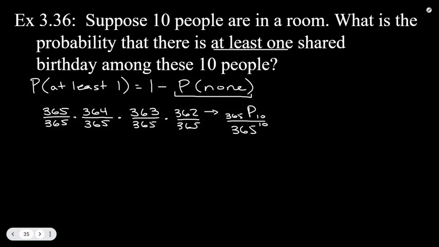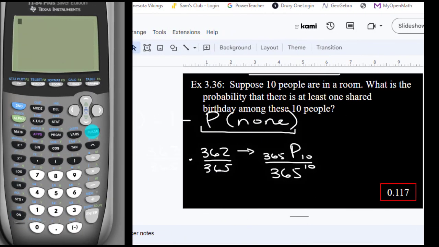So let's pull up the calculator to do this. It'll be a little bit easier to see these numbers. So for the top, we're going to have 365P10, and that's a pretty big number. That number times 10 to the 25th power.